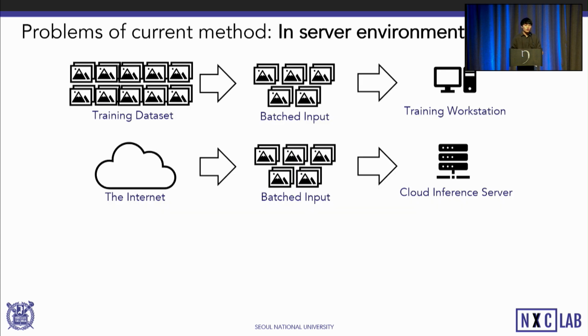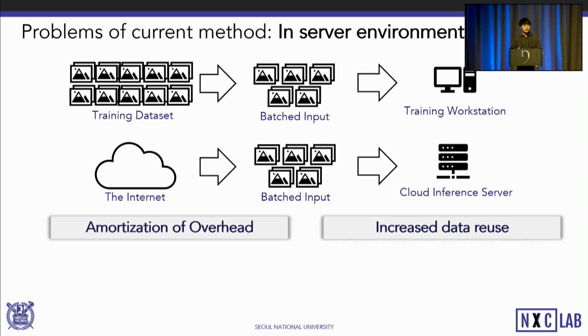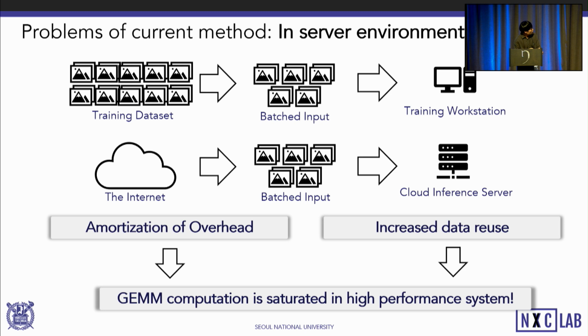In the server or workstation environment, this is less of an issue as tasks in these environments, such as training networks or batch inference servers, are often supplied with a large number of inputs. This allows the amortization of overheads and also increases data reuse through the sheer number of repeated computations. This allows the GEMM-based solution to achieve high computational saturation and is also well supported by the powerful hardware that is capable of handling such large computations at once.